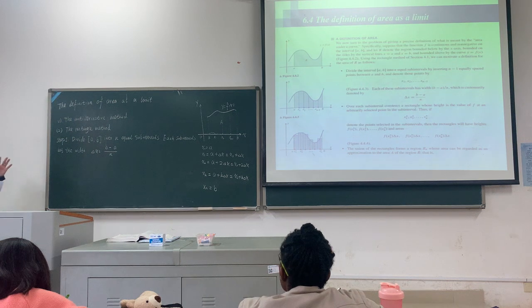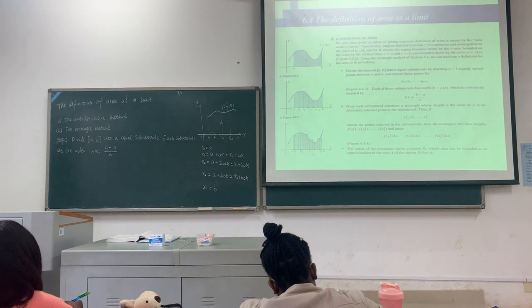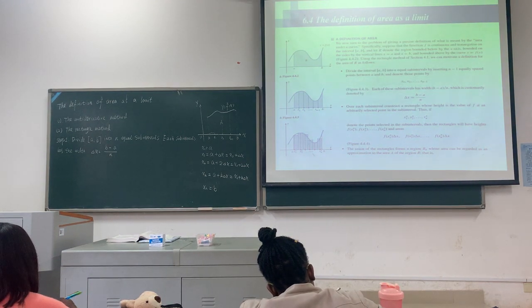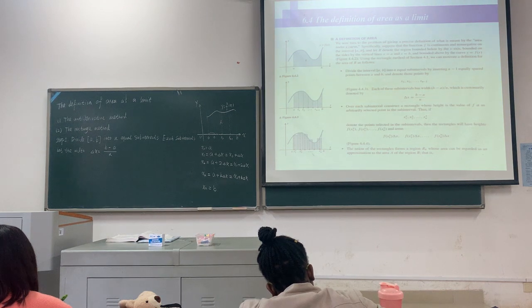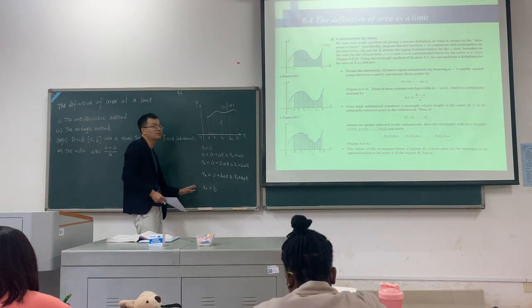So here the first step is we divide the interval AB into n equal subintervals, and we find some points. This is the first step.